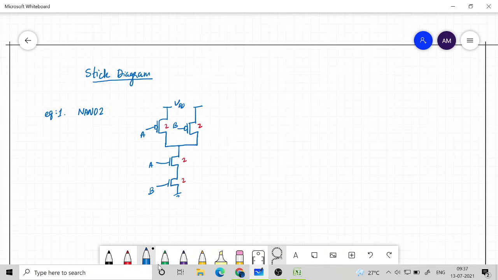So first thing is draw the power rail with just a line, blue color line. So one is basically VDD and the other is basically ground. We don't show that width information, only just a line we use. So it looks like a stick.